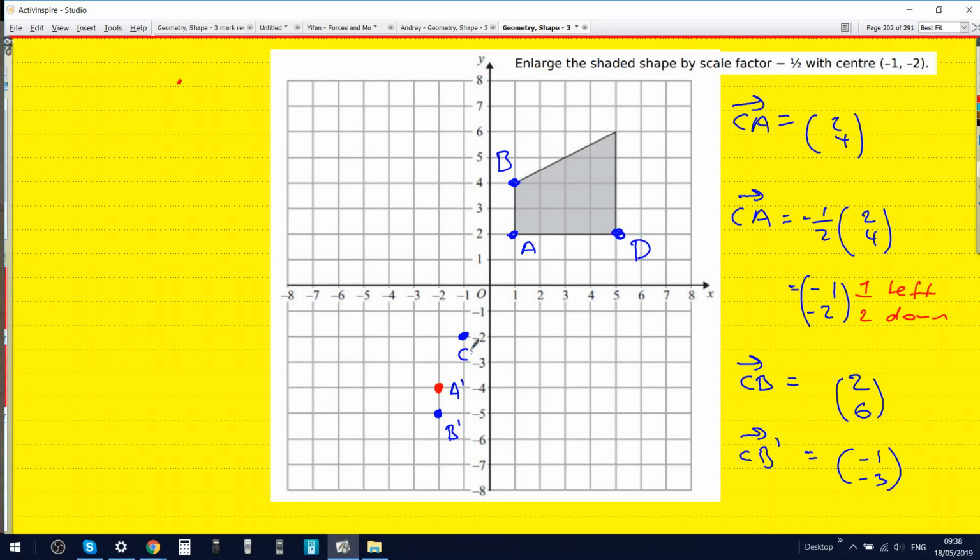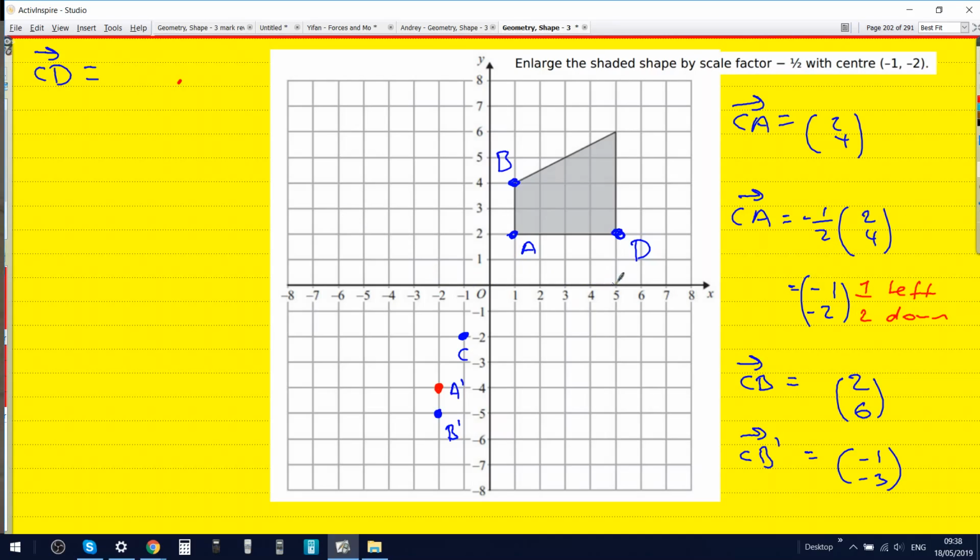it'll be, is it 10? Oh no, sorry. So 7 across.